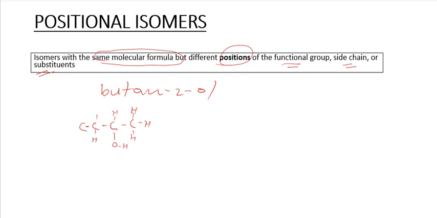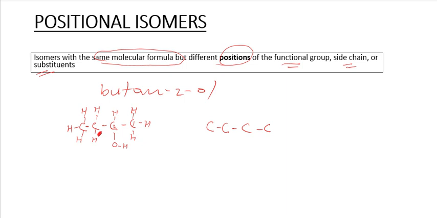Then I will draw a structural formula of the isomer of butan-2-ol. So I will have 1, 2, 3, 4, the 4 carbon atoms. Now that will be carbon number 2. Let me put it on carbon number 1. If I put it here, it is still carbon number 2.